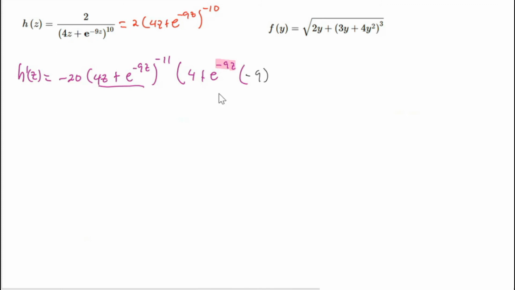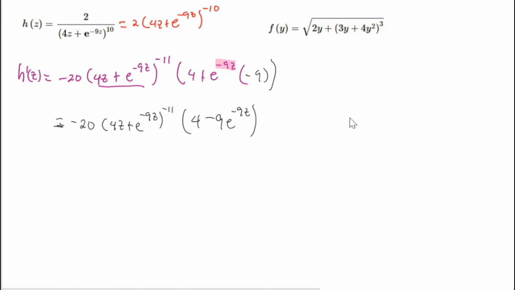Simplifying that, we copy the first part: negative 20 times (4z + e^(-9z)) to the power of negative 11 times (4 - 9e^(-9z)).